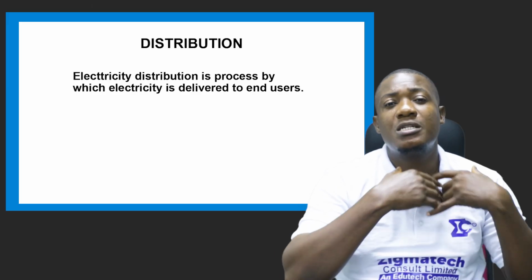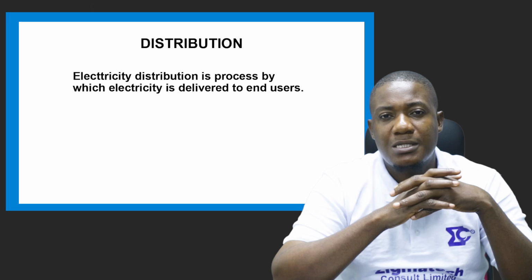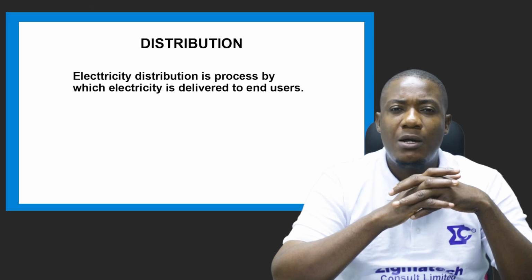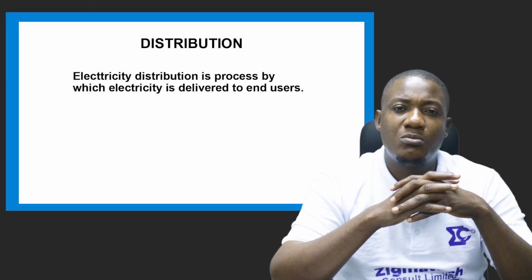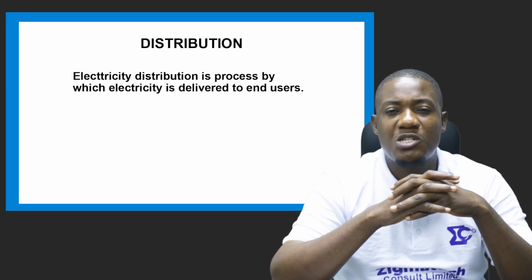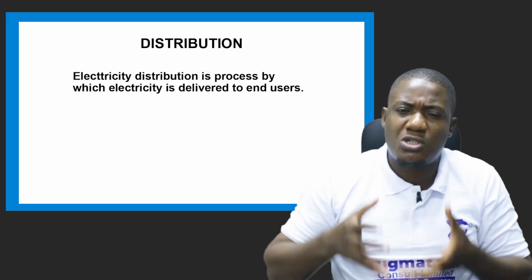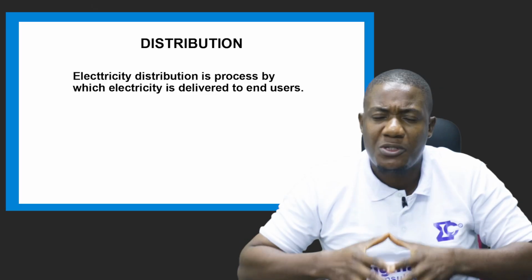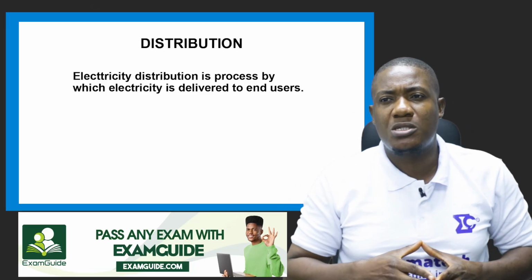It's transmitted at a very high voltage along the transmission lines. Now, this high voltage power that's been transmitted is brought to the substation, which we call the distribution station.